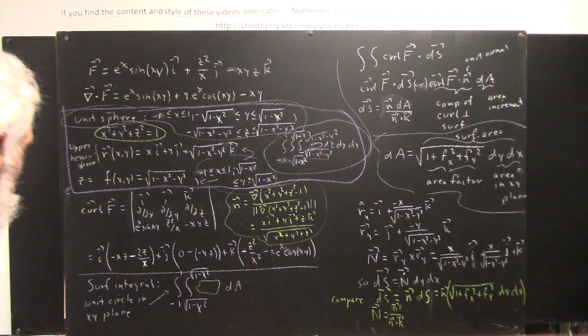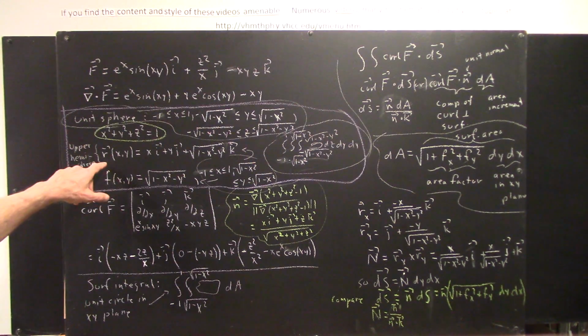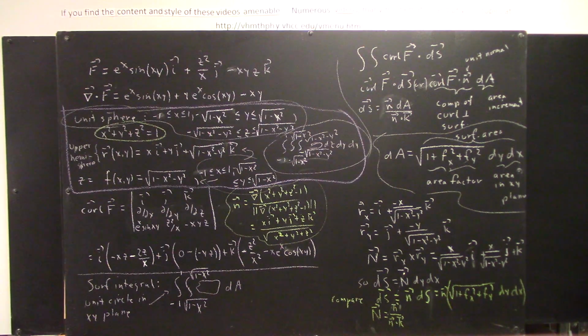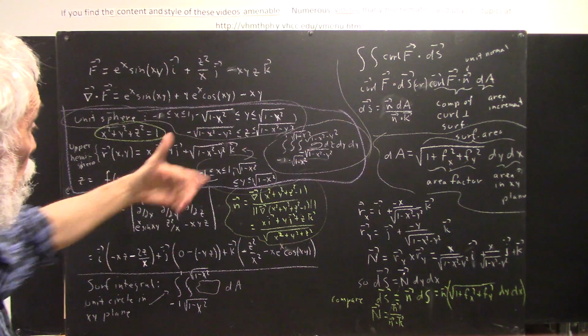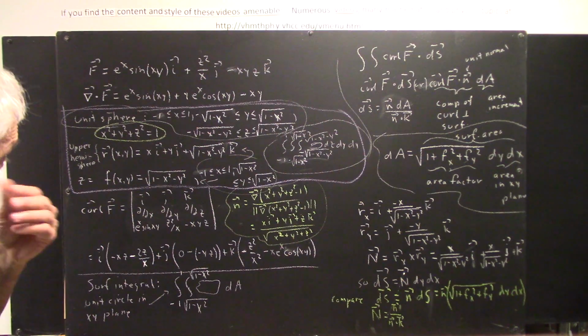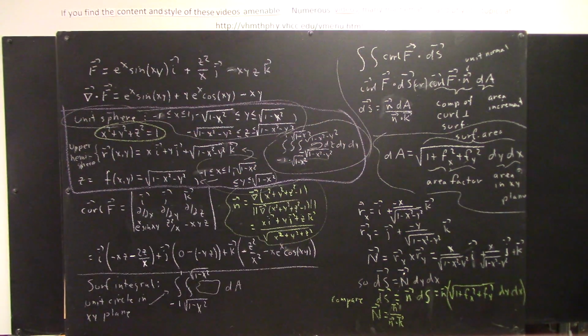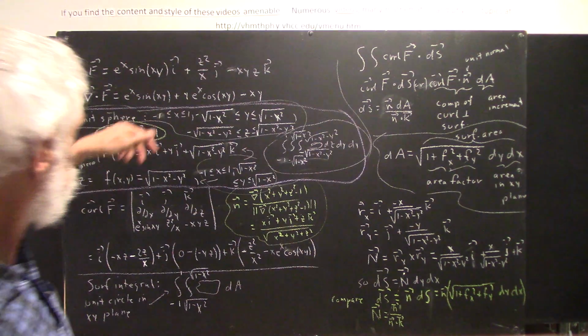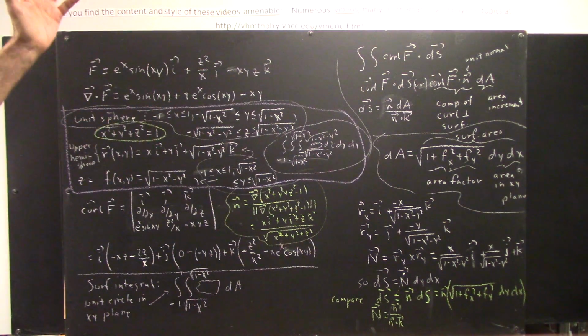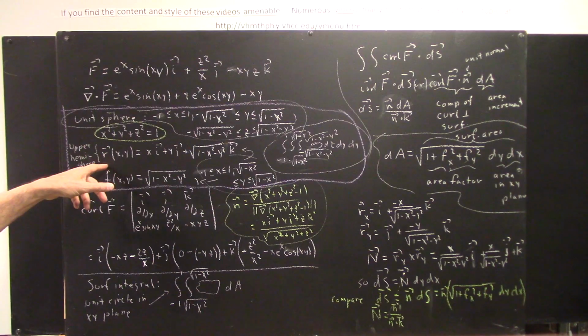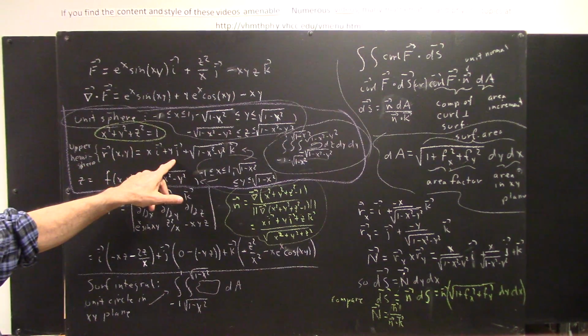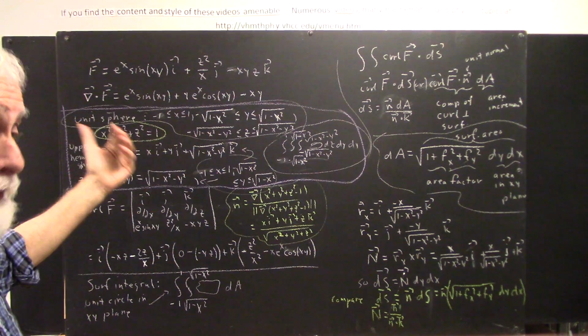Now we can do something else. We can parameterize the sphere. I've just parameterized here the upper hemisphere, because that's all we're actually going to be using when we do an integral of the curl. Our function is just xi plus yj plus zk.